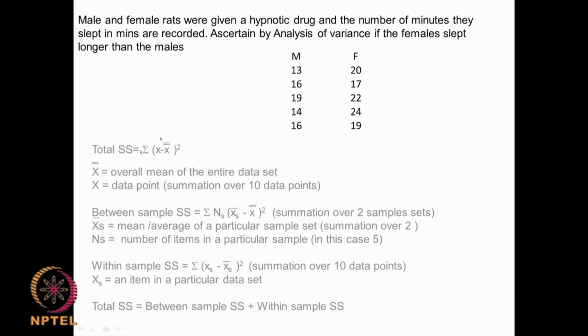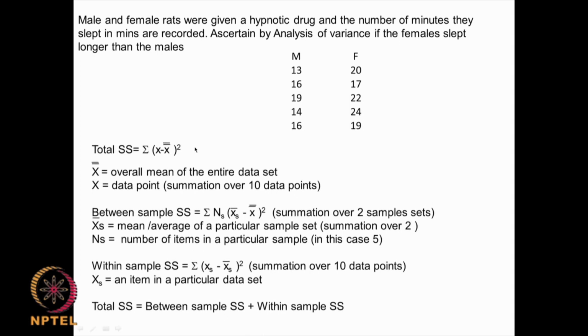There are 3 different variances you need to calculate. The total sum of squares will be the between sample sum of squares, between sample means, between groups, the male and the female, plus the within sample sum of squares, that is within this.